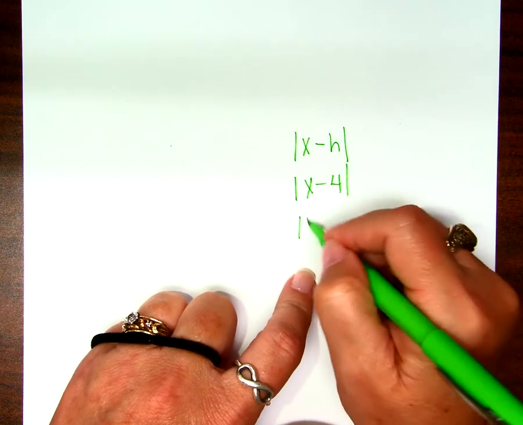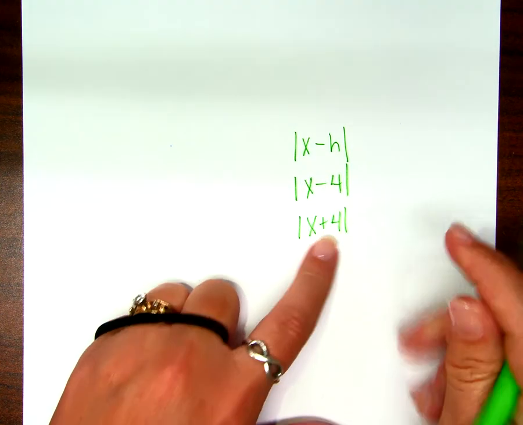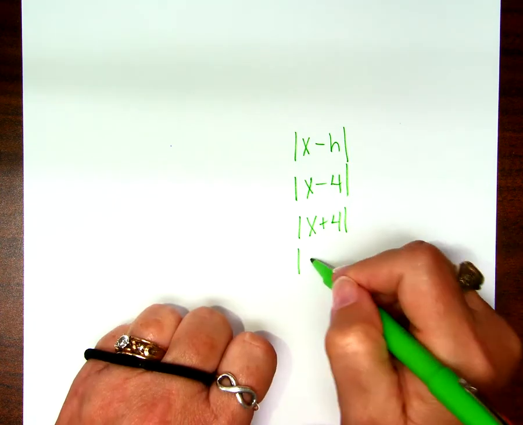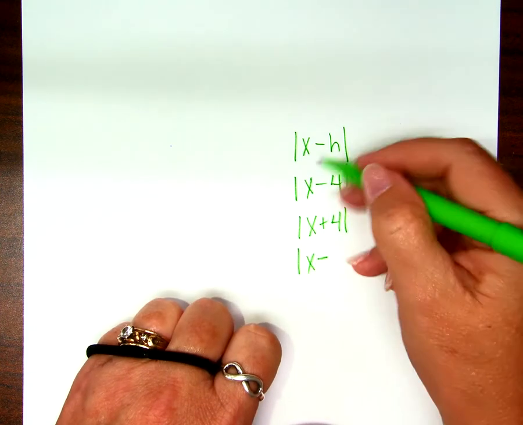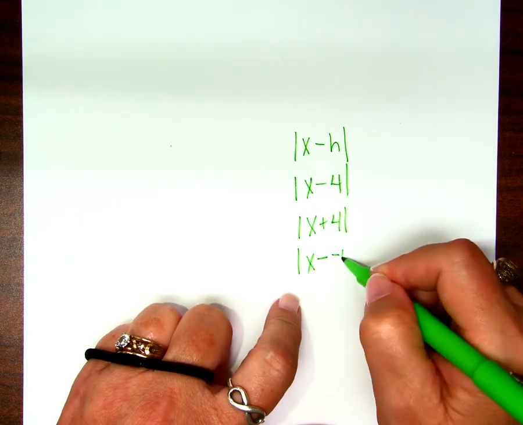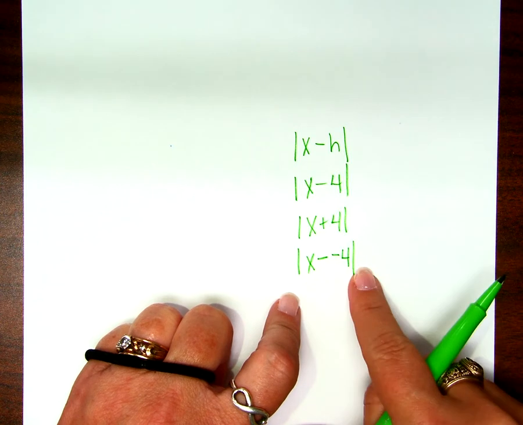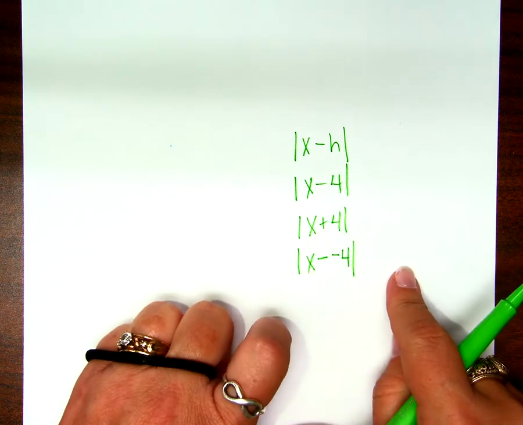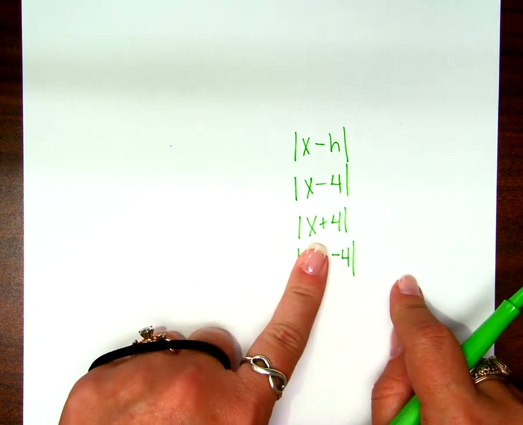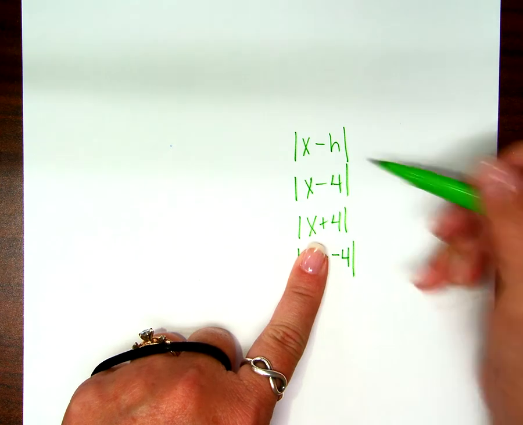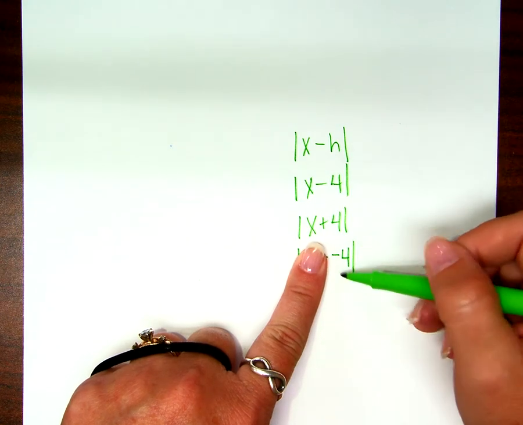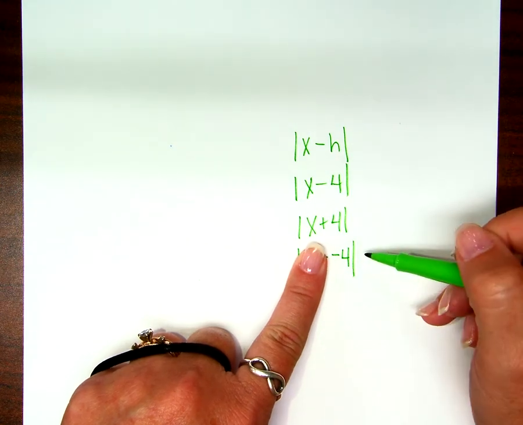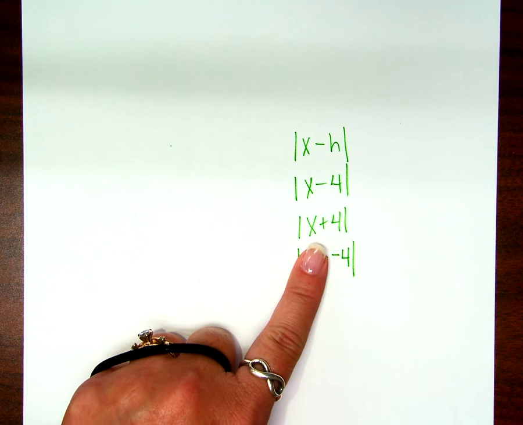But if it's x plus 4, that's going to move to the left, because if I make it back to the x minus part of the formula, that has to be a minus a negative 4, which makes it plus 4, right? The x and the minus are part of the general equation. What's the value of h? Negative 4. So that would move to the left.